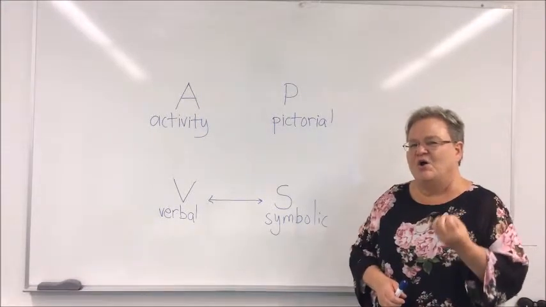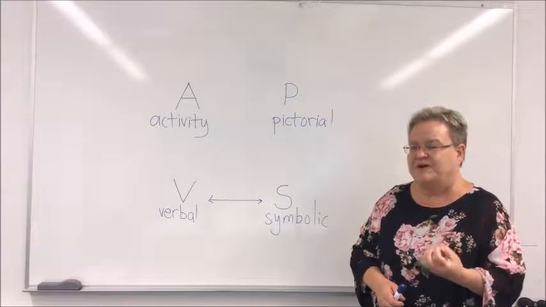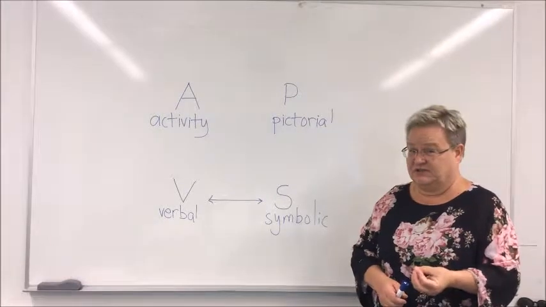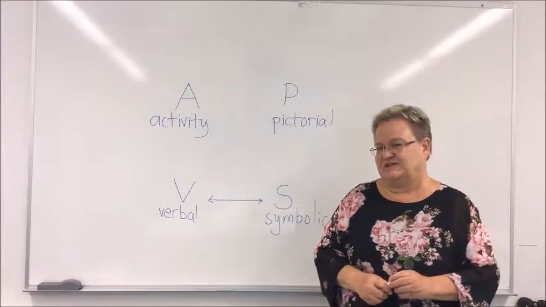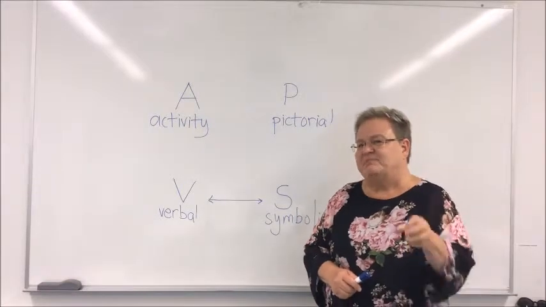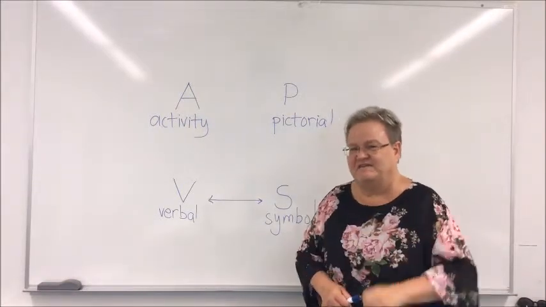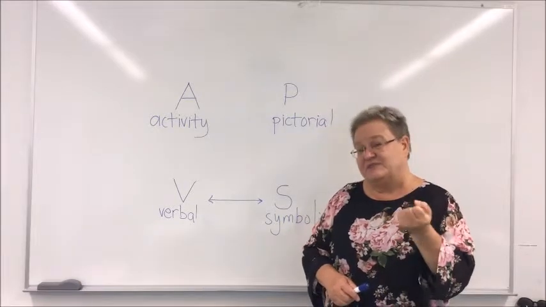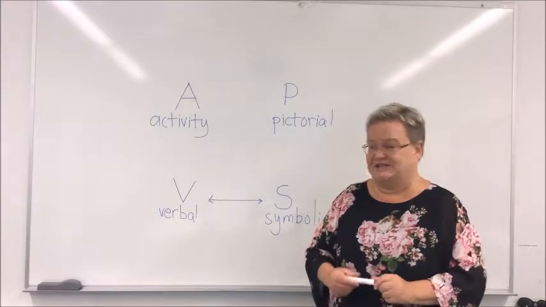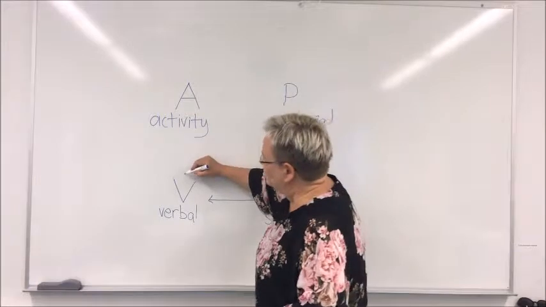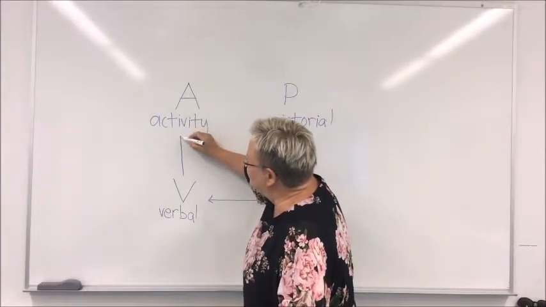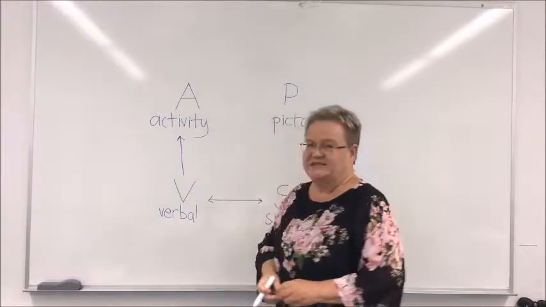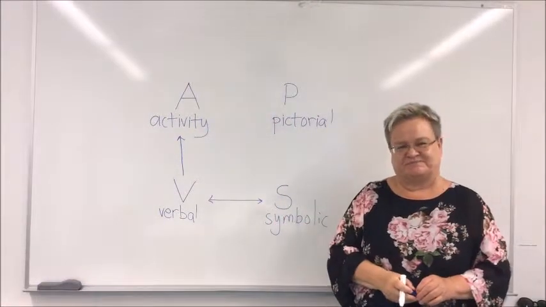The child heard the number word 5 stones. So the input was the verbal representation, and then the child picked 5 stones. That was the activity representation. So the child had to move from verbal representation to the activity representation.